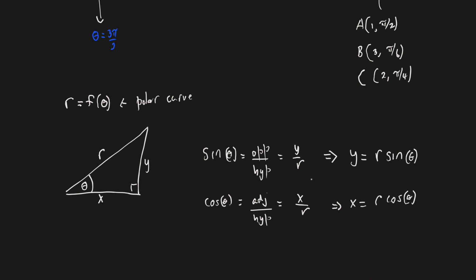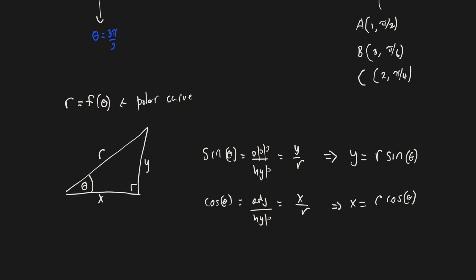So basically all I've done with this equation right here is multiply both sides by r. And what this tells me is that if I know the polar coordinates, if I know r and I know theta, I can use these two equations to convert back to the rectangular.